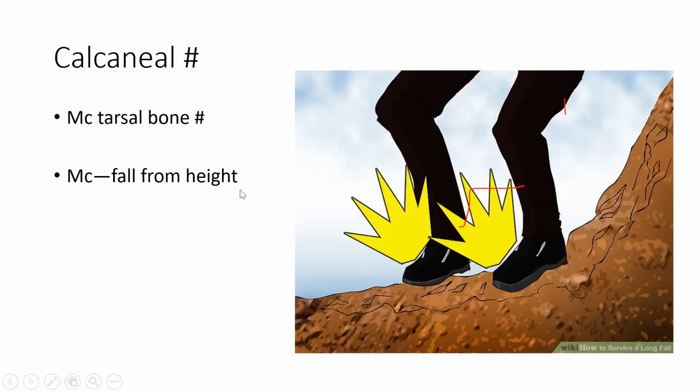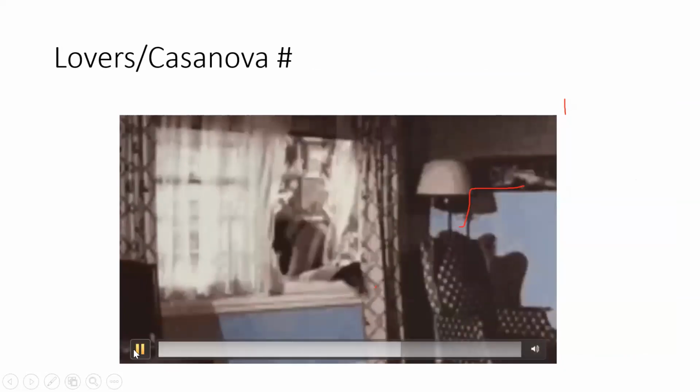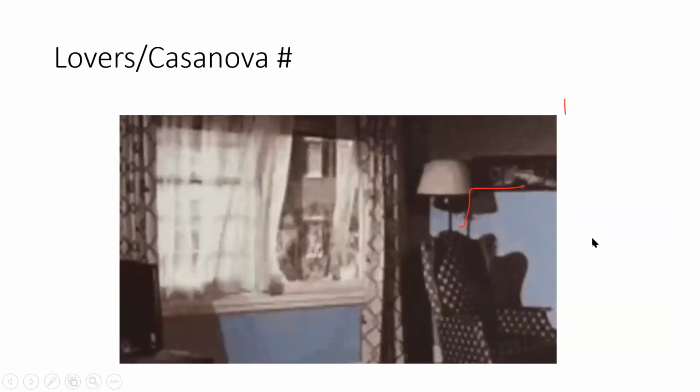Why it is known as lover's fracture, I will tell you. See this, this is a typical video. The name lover's or Casanova fracture is derived from the fact that most of the times lovers, after meeting with their girlfriend, jump out of the window to save themselves from their family or something.